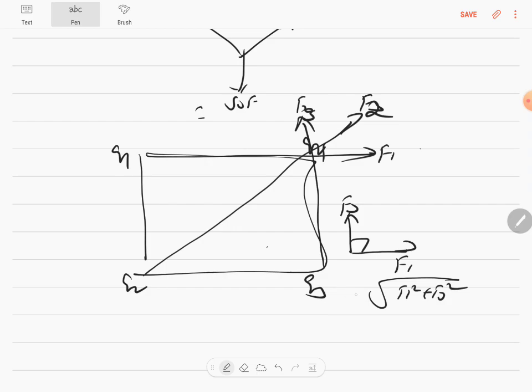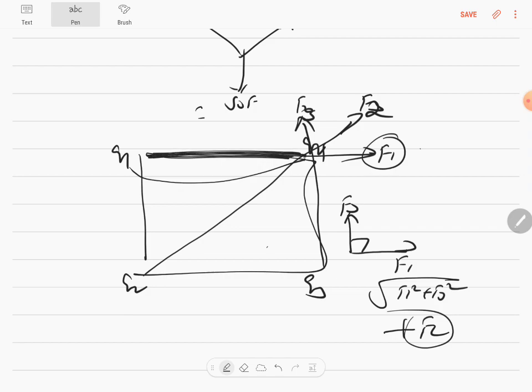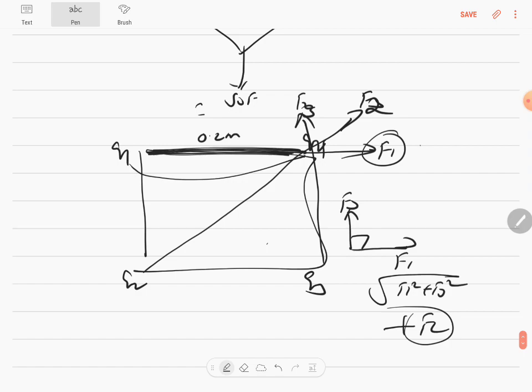Now that has to be added with F2 so that you get the net force. I hope you understood. So what is F1? It will be between Q1 and Q4 by this distance. This distance is straightforward. In a square, the side of the square has been given, it's 0.2 meters. So you know this is also 0.2.